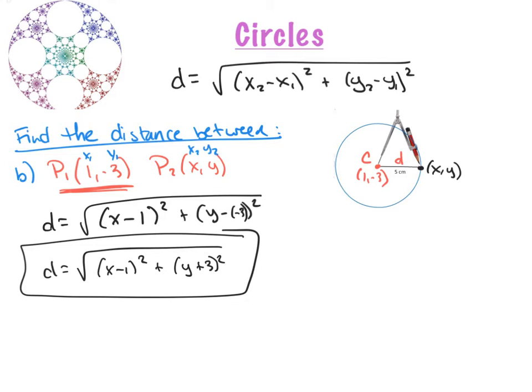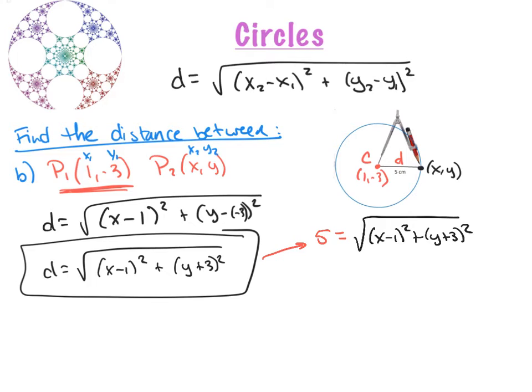Then the circle would be all of the points whose distance in the distance formula would give the same value. In this case, the d is 5. So this circle would look like d is always 5, the square root of x minus 1 squared plus y plus 3 squared.